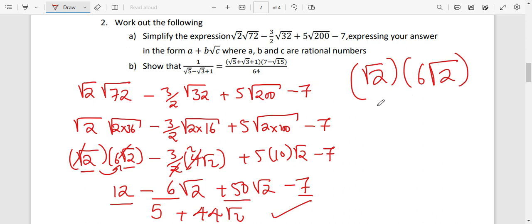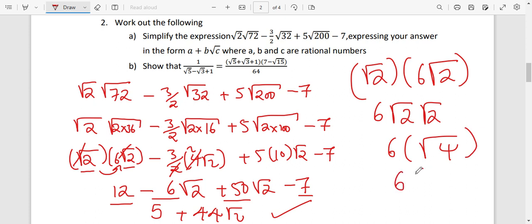So you can also write this as 6 root 2 times root 2. This will give you 6 root 2 times 2, which means root 4 because you just multiply the 2's inside. And this will be 6 times 2, which is 12. Is this okay? Yes, sir.